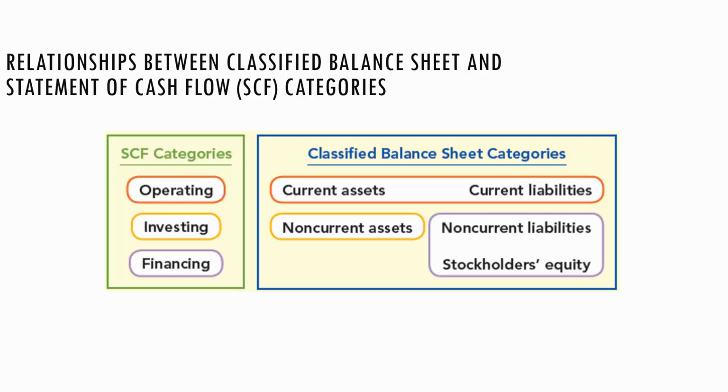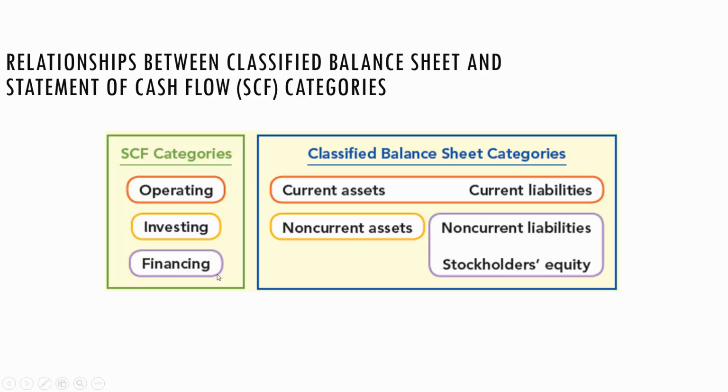There is a relationship between the cash flow categories of OIF and the balance sheet categories. I'm not too in tune with you understanding all of this other than what we have covered in our previous slides. Investing, again, we're talking about investing in non-current assets, meaning property, plant, and equipment and long-term investments.